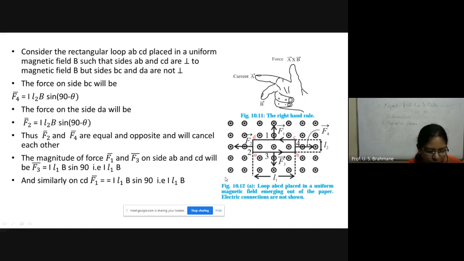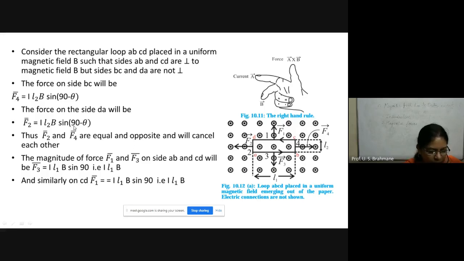Thus F2 and F4 are equal and opposite, so they cancel each other and do not contribute to the torque.